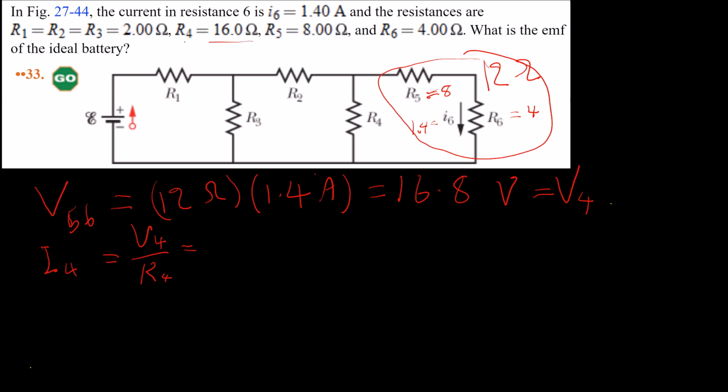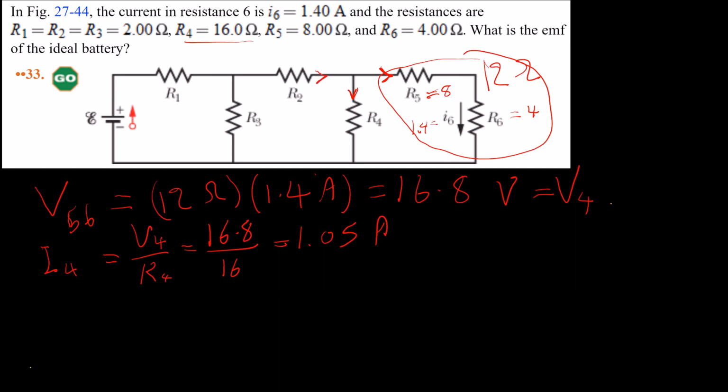R4 is 16, so 16.8 divided by 16 is about 1.05 amps. And now you see that 1.4 amps goes here, and 1.05 goes here.